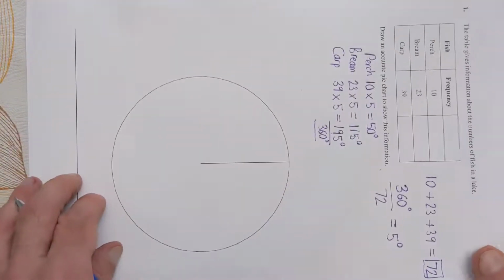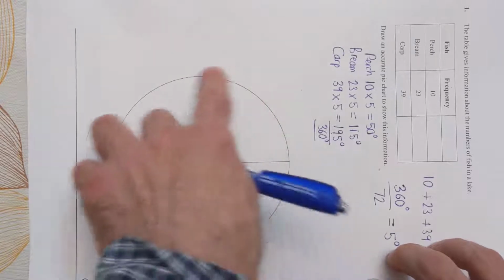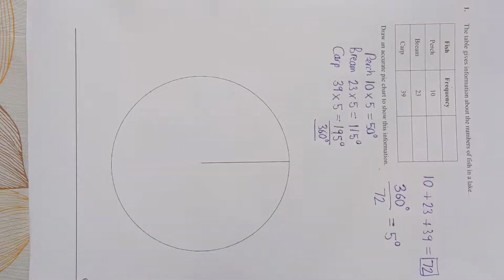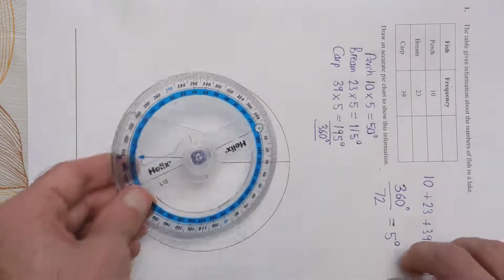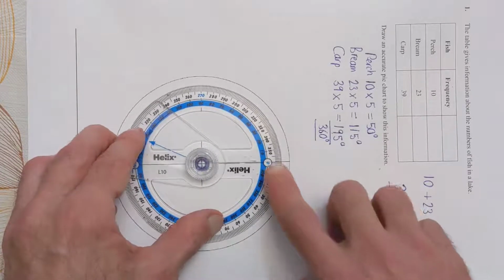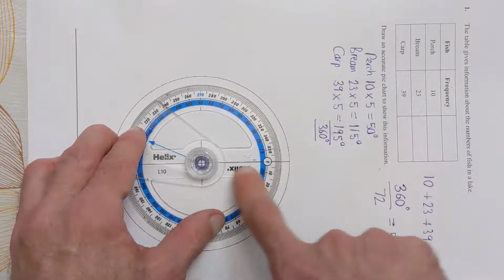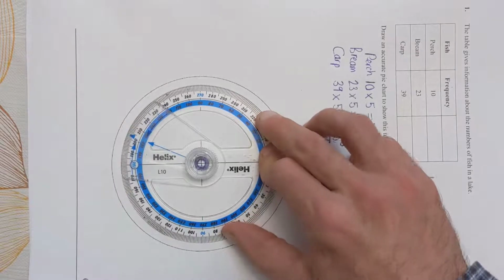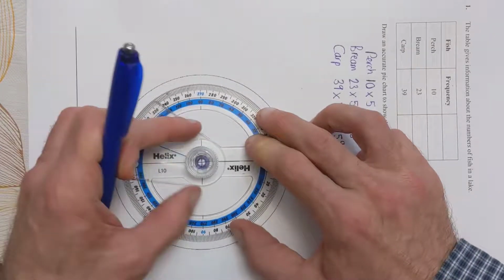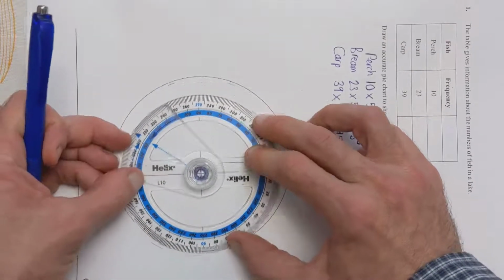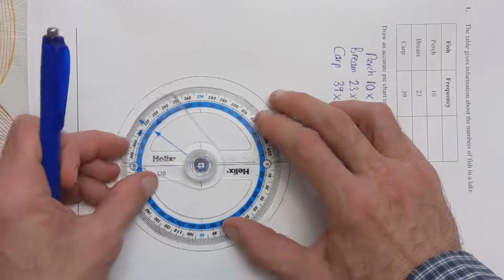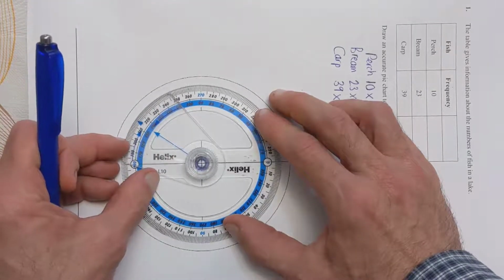I'm just going to turn this sideways, because it's easier to demonstrate sideways. You get your protractor and you put your 0 along the line and make sure that it's properly centered. So I can't see all that well over here, but we'll go with this.